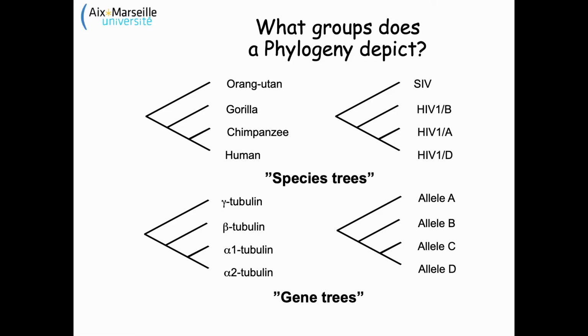It's important because you will know whether you have a duplication of the genes or a horizontal gene transfer of your genes. To decide whether it was a duplication, a horizontal gene transfer, or a gene loss, you need to have the species tree to know how the species evolved.